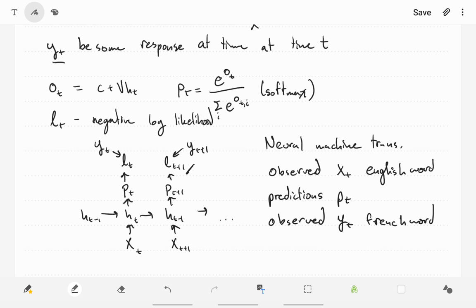So one thing that we can see is that if we want to take a gradient with respect to some h sub t, then we have to worry about all of the possible ways that this h sub t can get connected to different loss functions.